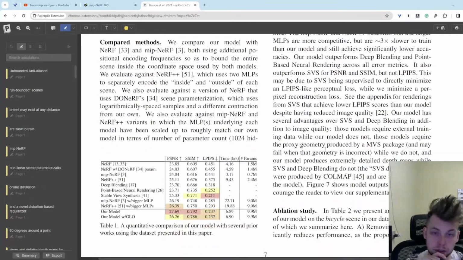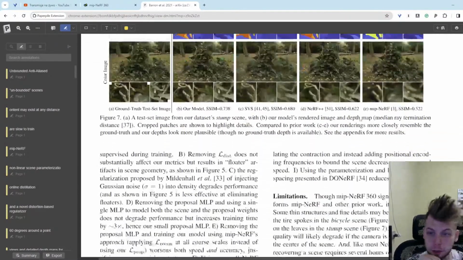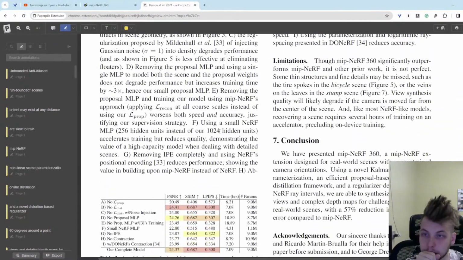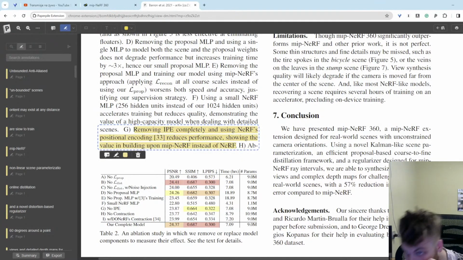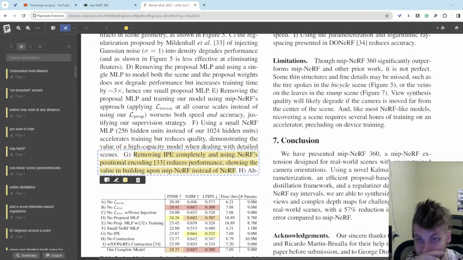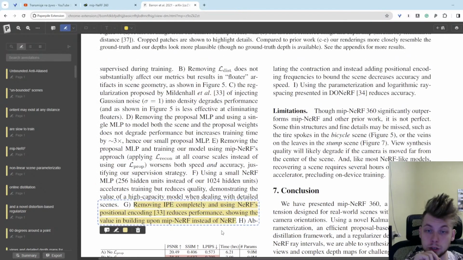So they talk about different comparisons, and they talk about an ablation study, showing that removing IPE completely and using NeRF positional encoding reduces performance, showing the value of building upon Mip-NeRF instead of NeRF. That's why they did this paper, basically: they want to keep these integrated positional encoding features compared to the regular features.